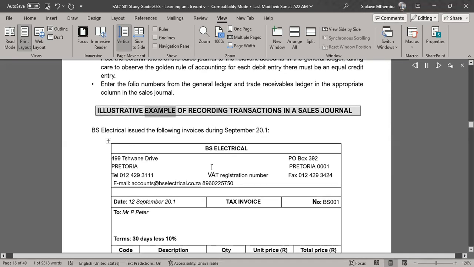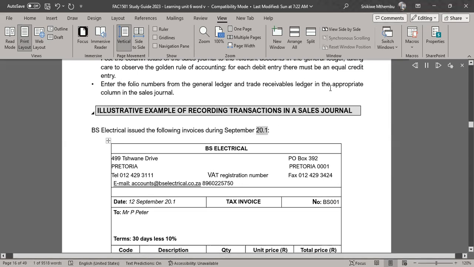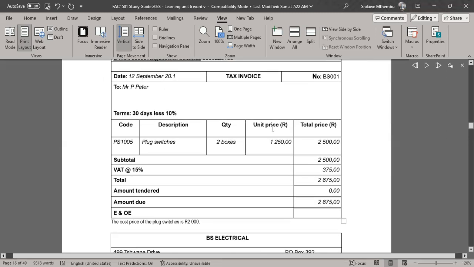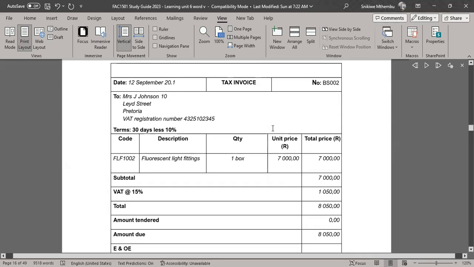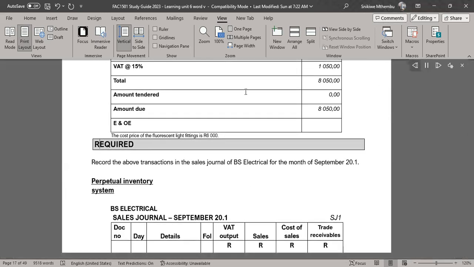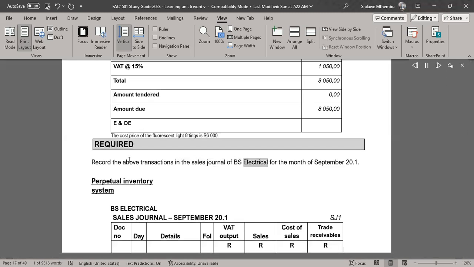1.3 Illustrative example of recording transactions in a sales journal. BS Electrical issued the following invoices during September 20.1. Required. Record the above transactions in the sales journal of BS Electrical for the month of September 20.1.